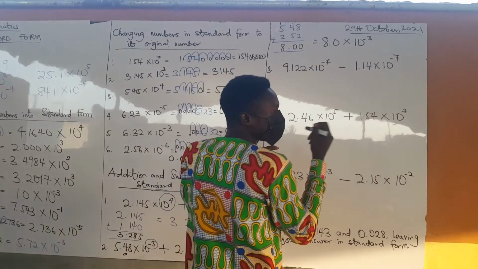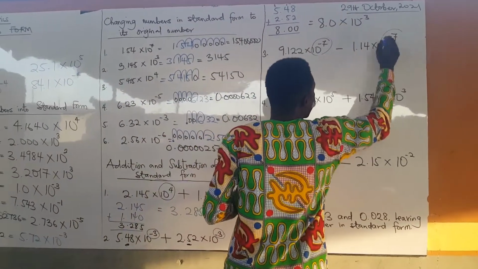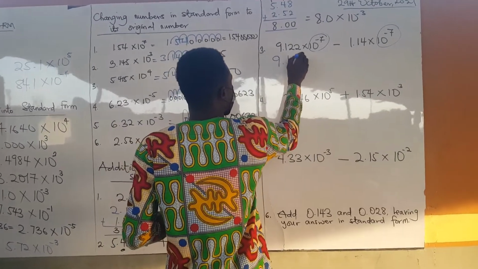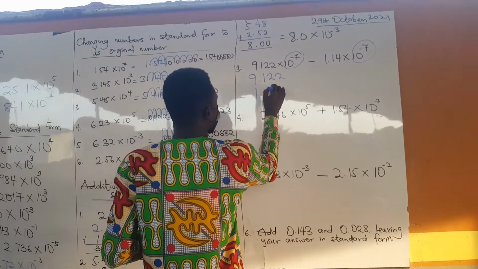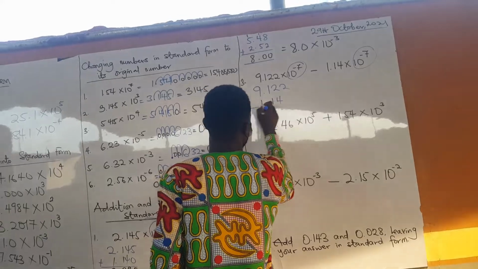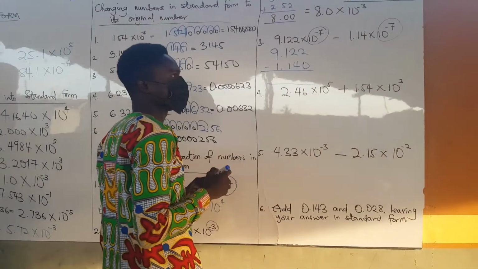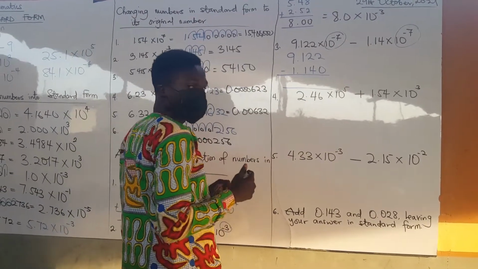Because the powers of 10 are the same, we will just go straight forward to subtract. So this one is for the subtraction: 1.14. So what are we doing? We are subtracting. No number here, so we bring 0. 2 minus 0 is 2.